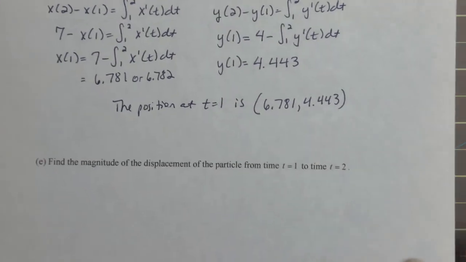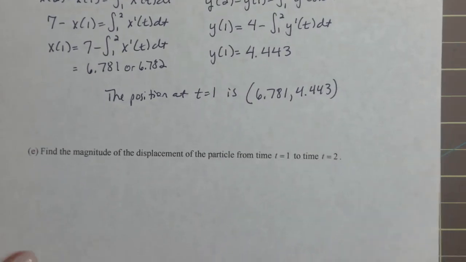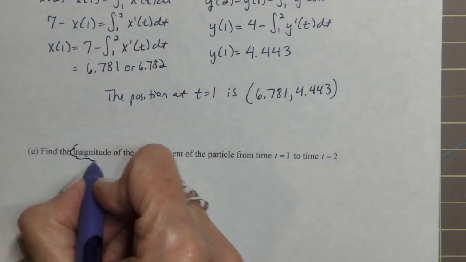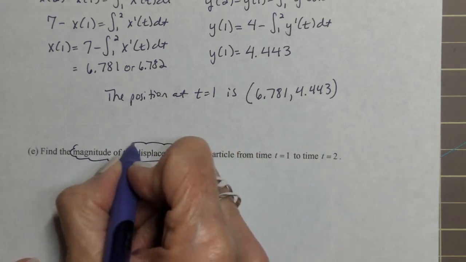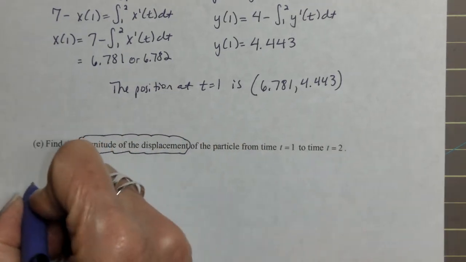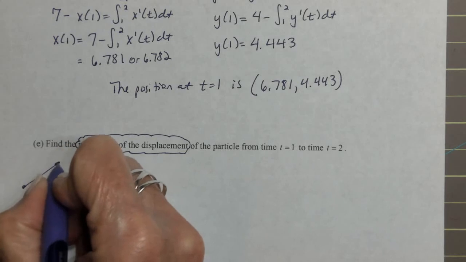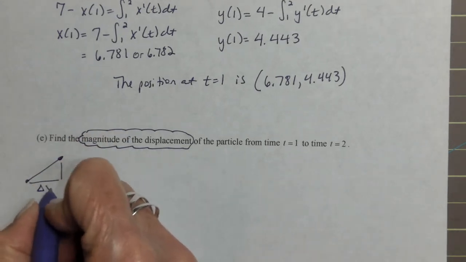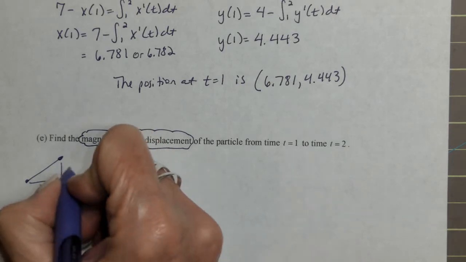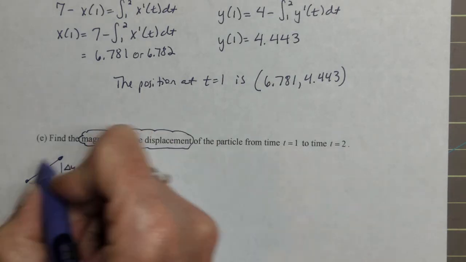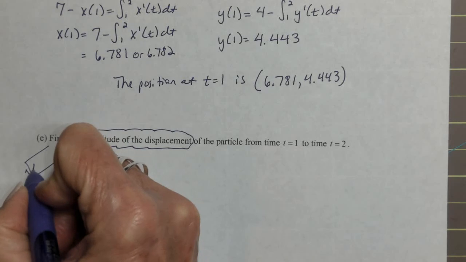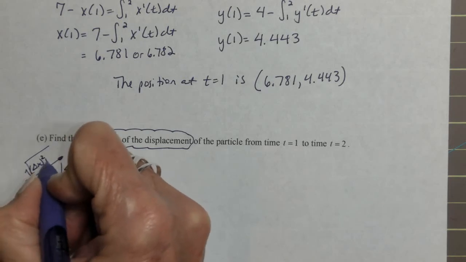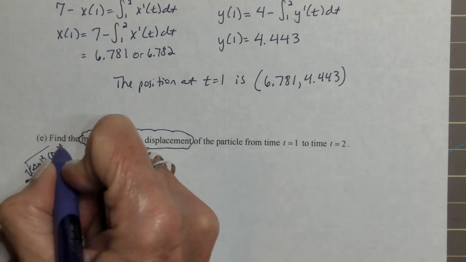And now in part E, find the magnitude of the displacement. Remember, magnitude of the displacement was that one where we're looking for the length of a slanted line where the x component is just change in x, the y component is just change in y. So this will just be change in x squared plus change in y squared.